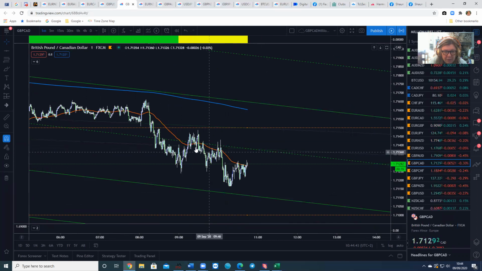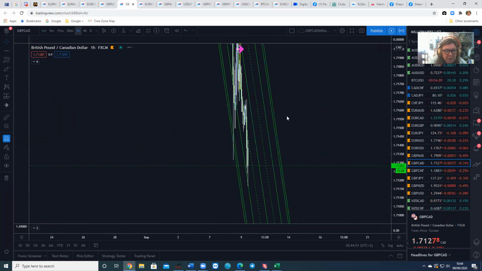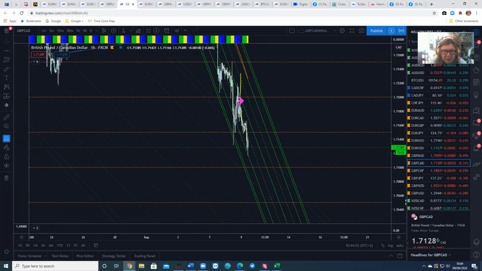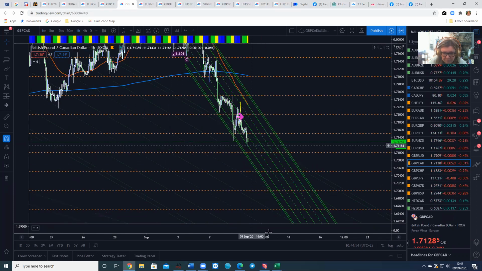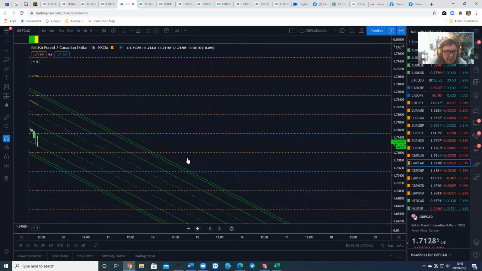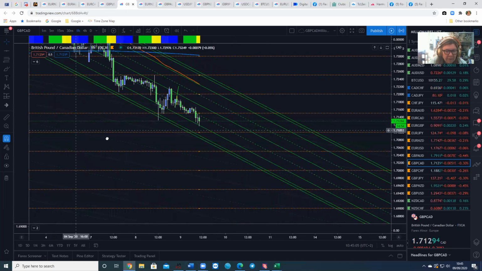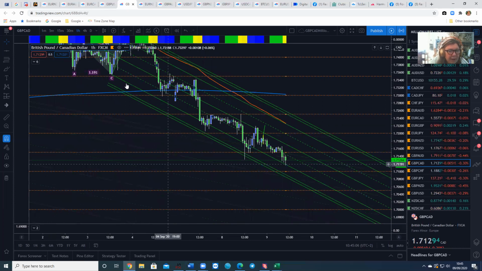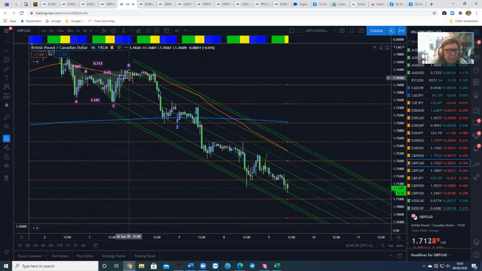GCAD, downward trend, break and retest off the pitchfork under the 62. It's just breaking above that at the moment. And let's look at the, there's the scan, D point from the 3rd of September.